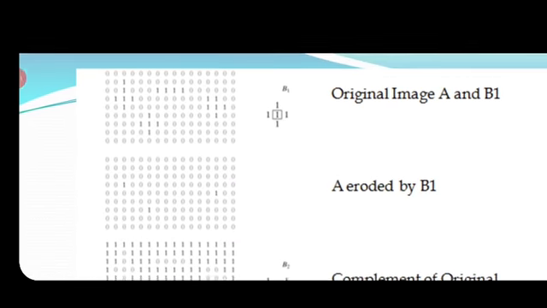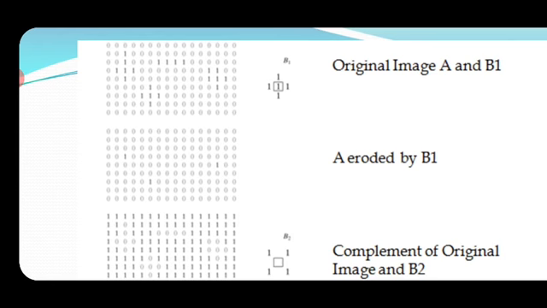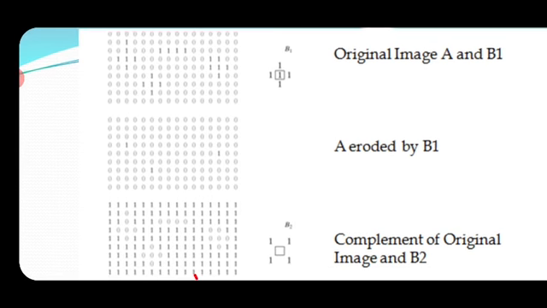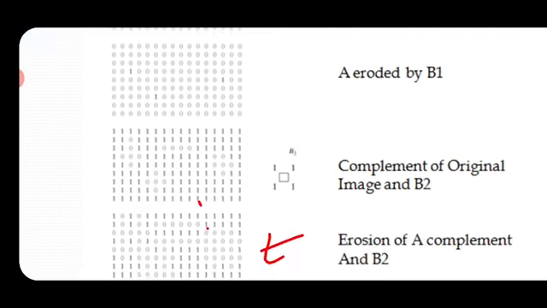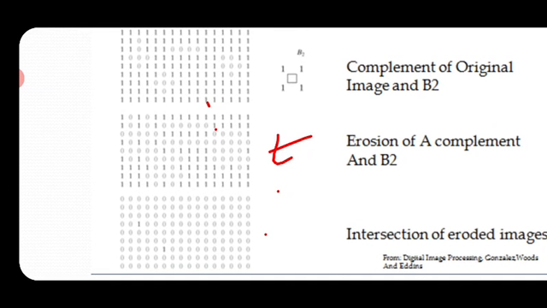Now look at this one. A eroded by B1 has only 3 values. You just observe the positions 1, 1, 1. This is one of the outputs you got from A complementary eroded with B2. Only 3 pixels are common, and those need to be maintained.